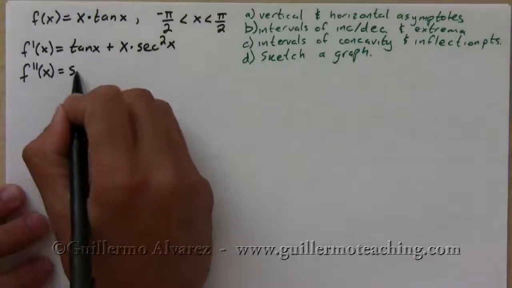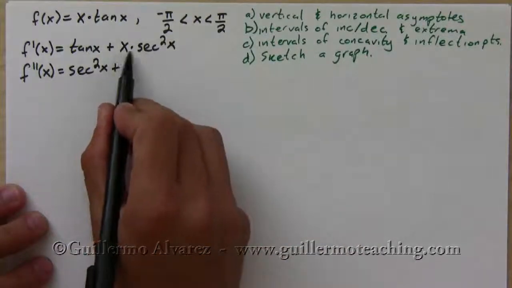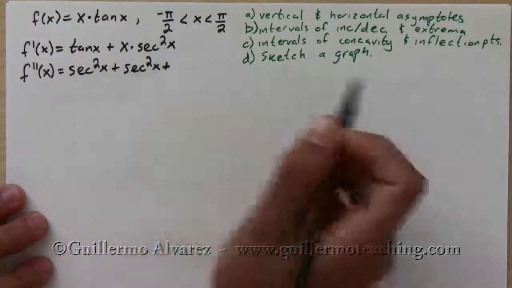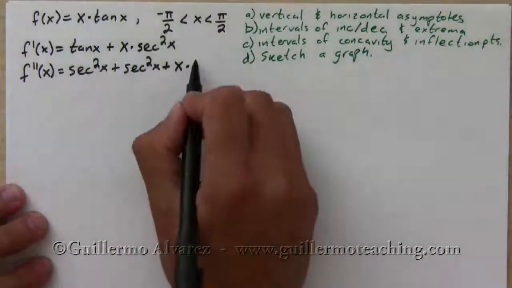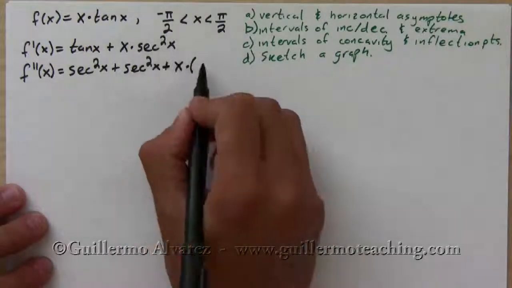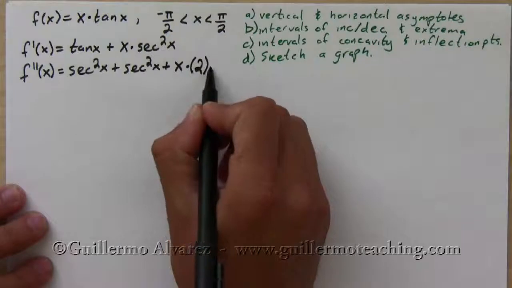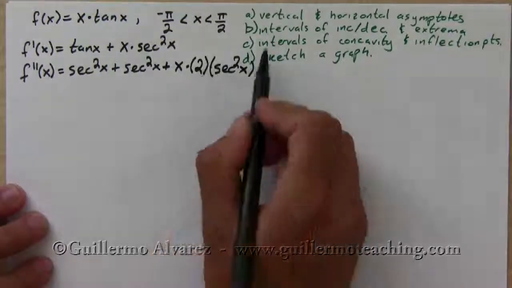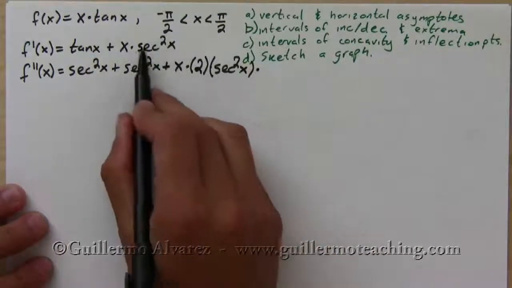The derivative of tangent x is secant squared x. And then here we have to use the product rule again, so it's going to be 1 times secant squared x plus x times, now the derivative of secant squared, well, we have to use the chain rule, so we bring the 2 down, so it's x times 2 secant squared x, and then you take 1 away from the exponent, which is 1, so we don't write it, and then times the derivative of just secant.